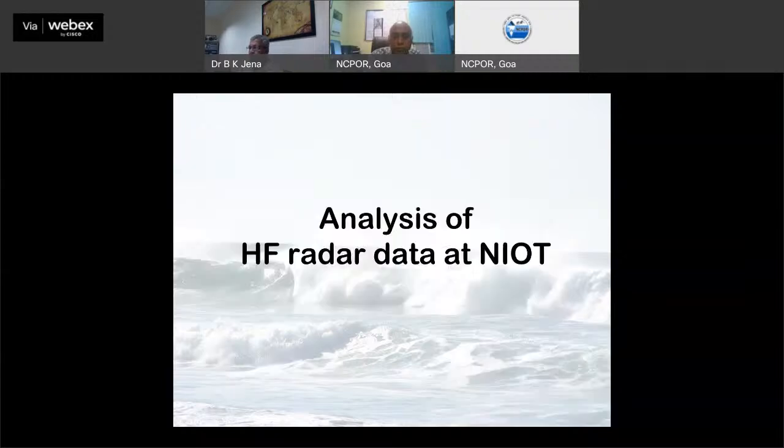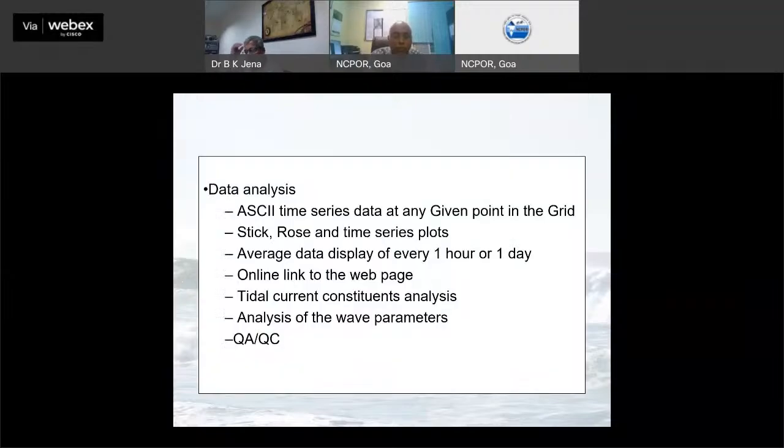Coming to the analysis of this data, we have done a lot of in-house data analysis for our utility, and this data has also been analyzed by various other institutes like INCOIS, IIT Bhubaneswar, IIT Mumbai, NIO Goa.